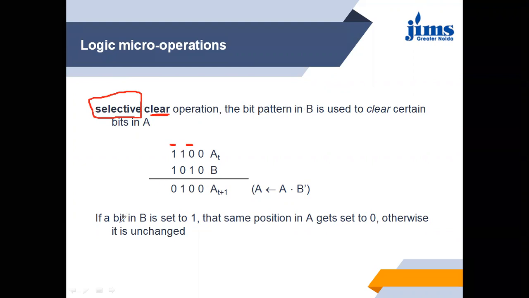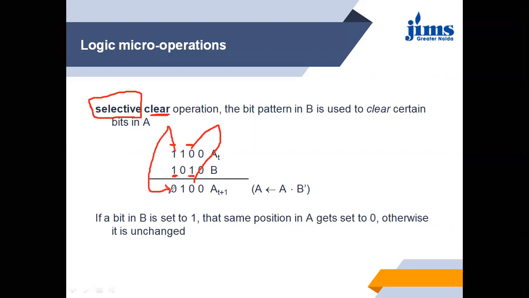If a bit in B is set to 1, the same position in A gets set to 0. You can check from here that earlier it was 0, now again it is 0. Earlier it was 1, now it is 0 instead of 1.